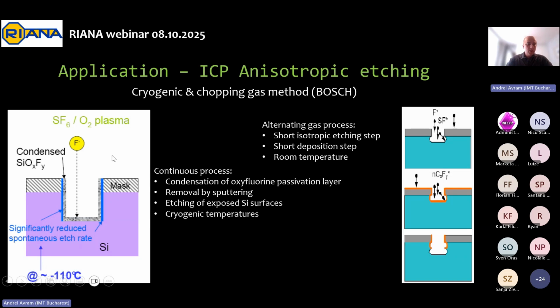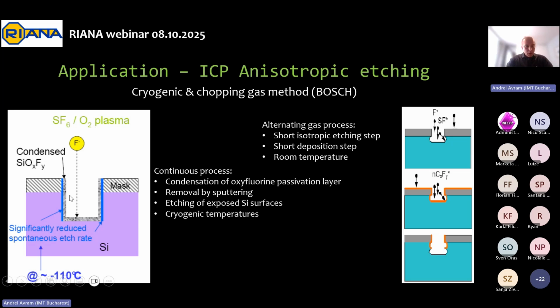On the other side, the cryogenic plasma takes place at cryogenic temperatures, as the name says, at about minus 110 degrees Celsius. What is nice at these temperatures is that you can use a continuous plasma without the need to alternate between an etching gas and a passivating gas.